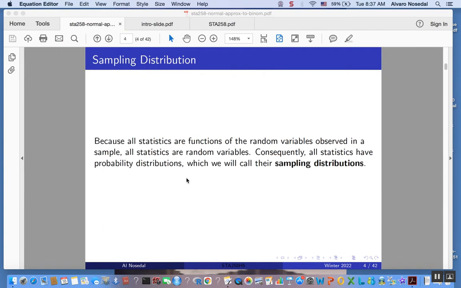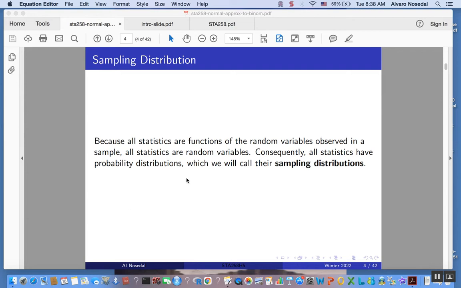Now let's talk about sampling distributions. What I want you to remember about sampling distributions is this: a sampling distribution is the sampling distribution of a statistic, and the sampling distribution of a statistic is another way of saying the probability distribution of a function of random variables.